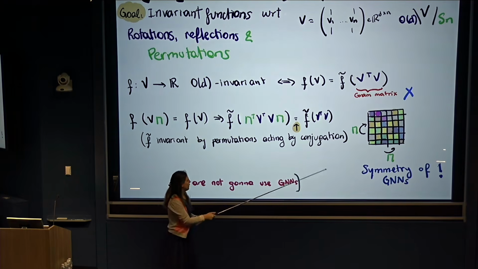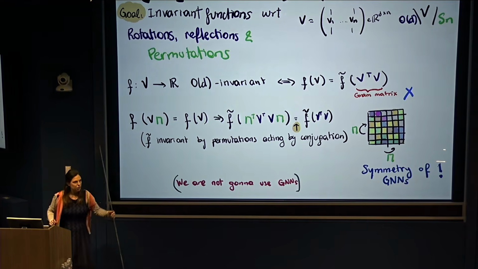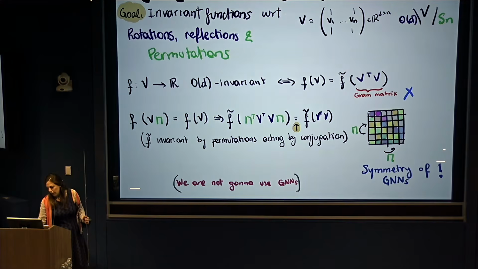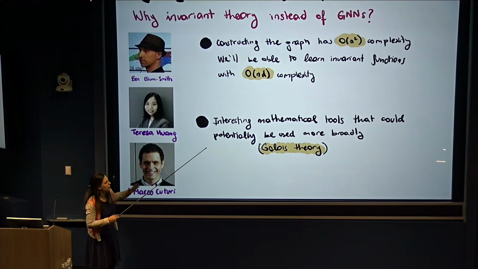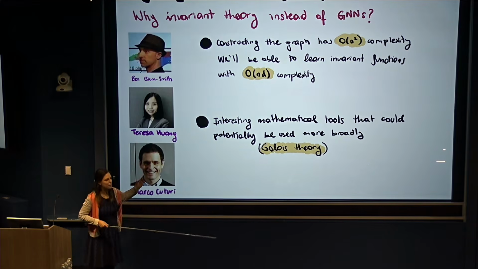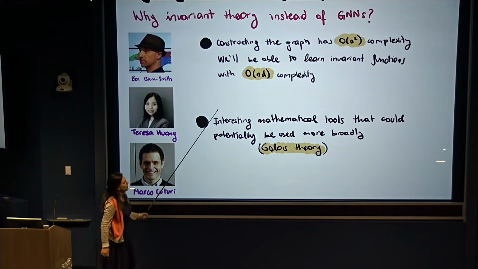And so how do we implement this symmetry? We're not going to use graph neural networks. We could use graph neural networks and the Gram matrix, and that would implement the symmetry. But we're not going to do that because graph neural networks would require me to construct this n-squared matrix, but this is a cosmological simulation. It has many, many points in dimension 3. So I don't want to go to something that is O of n squared.